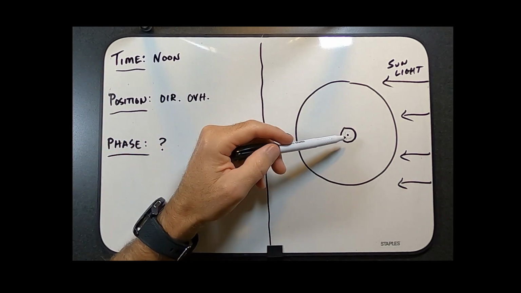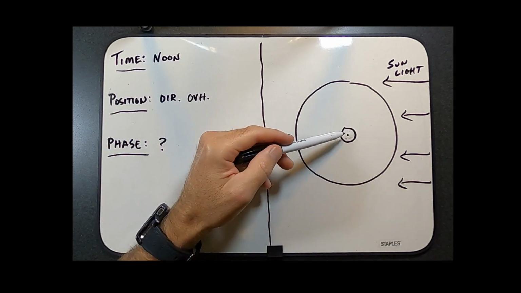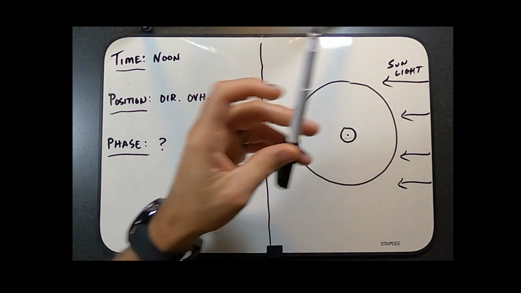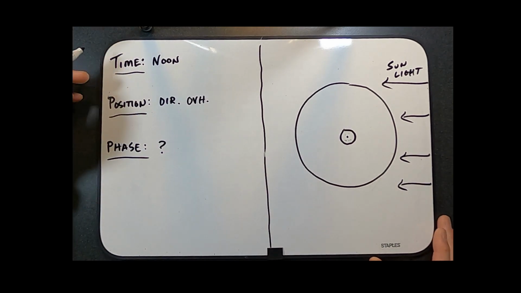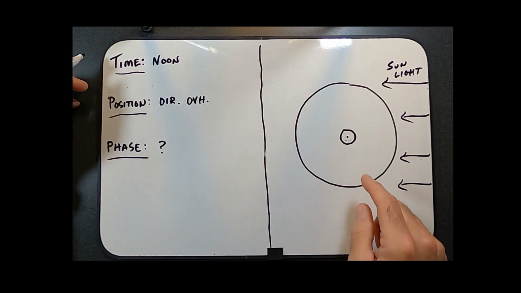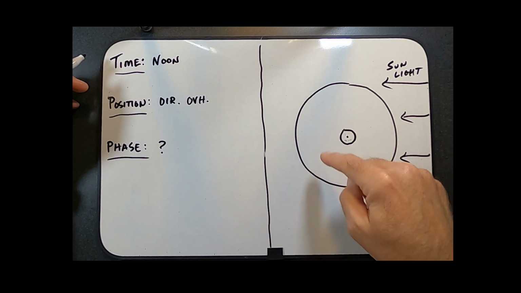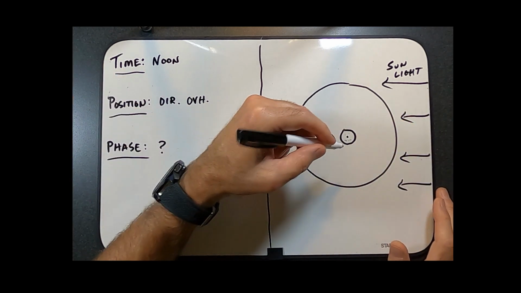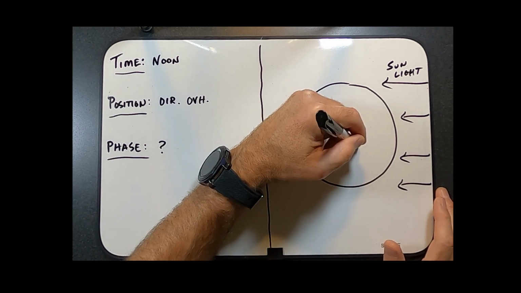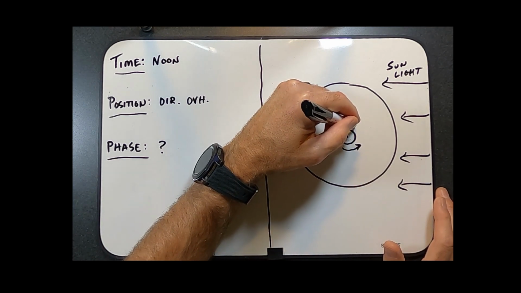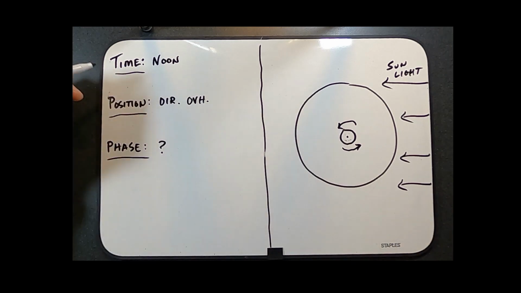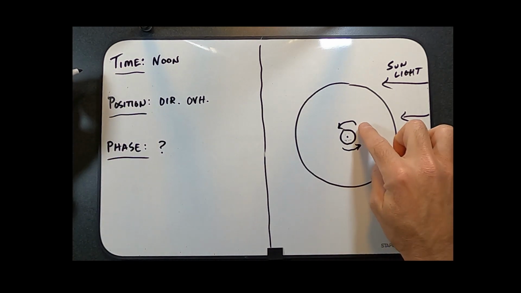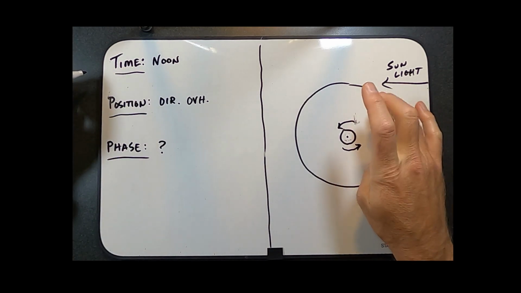That dot is the North Pole. Imagine the North Pole sticking right up at you. The other thing to remember is that the Earth is going to naturally turn on its axis, and if we're looking down on the North Pole, the Earth is going to rotate on its axis counterclockwise. You'll see in a minute why that's an important thing to know.